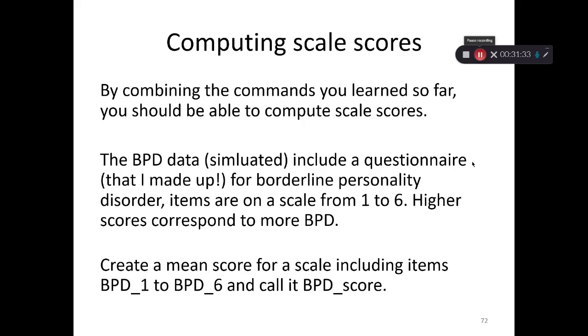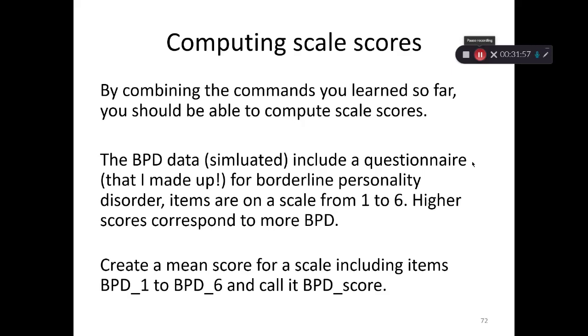items. Well, I ask you now to upload in R the BPD dataset, bpd.csv, and this dataset includes a questionnaire that I made up. Its items are called BPD1, BPD2, etc., and they should assess borderline personality disorder.